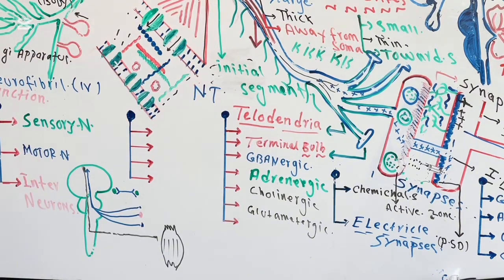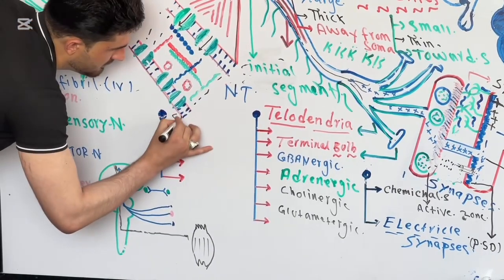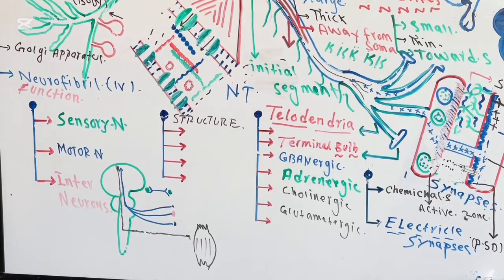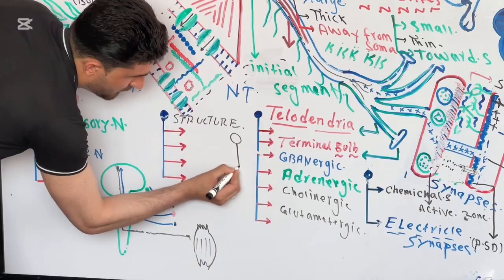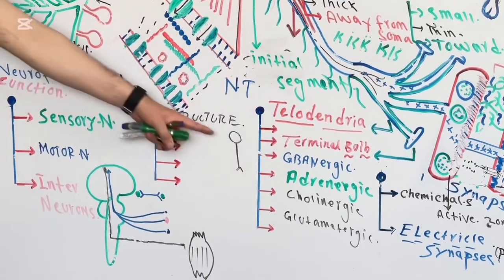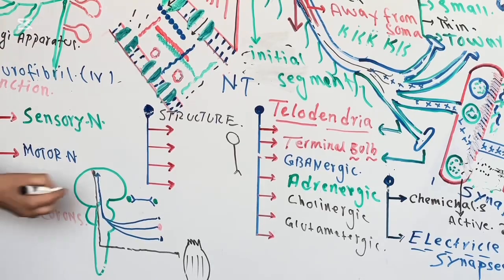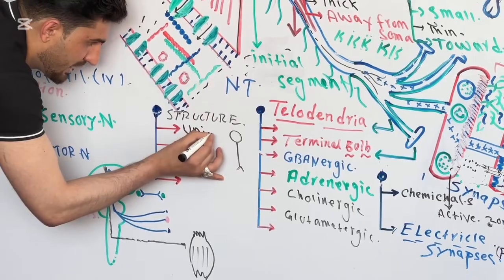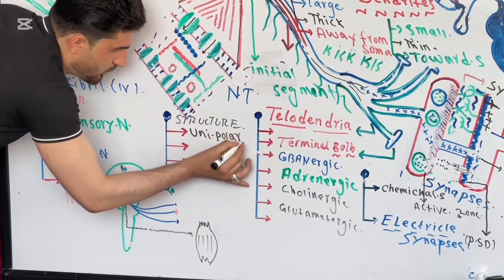We also have neurons based on their structure. For example, this is a soma with only one extension, which could be a dendrite or an axon. This type is called a unipolar neuron.